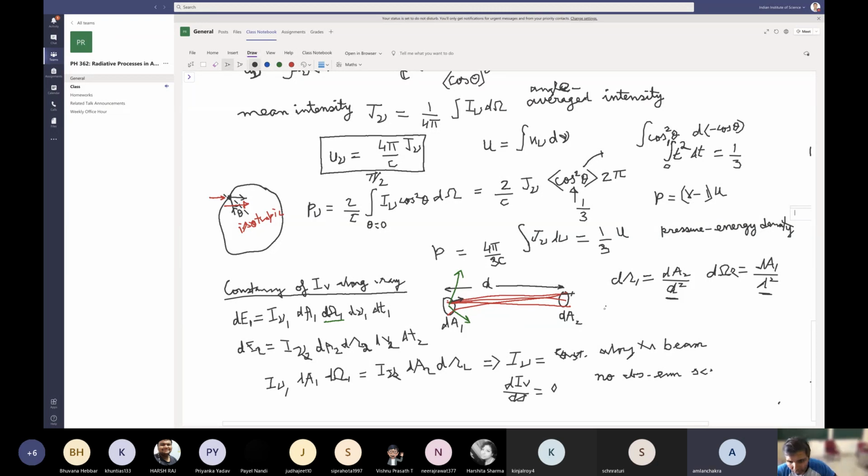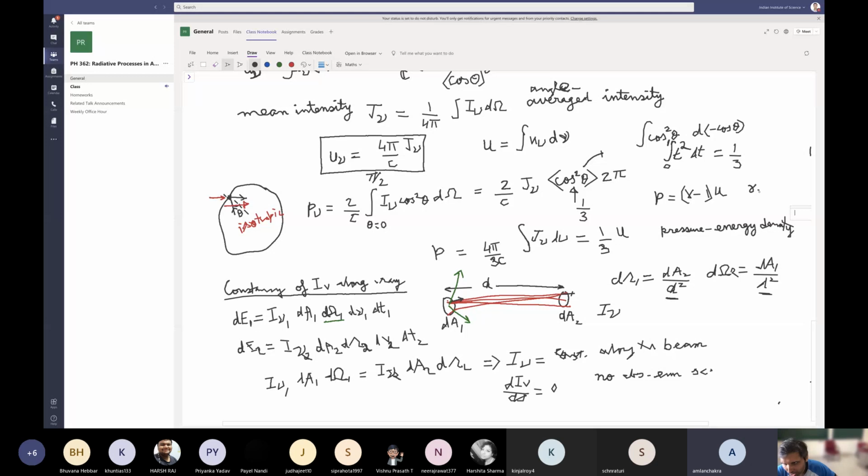Sir, another question. The relation between pressure and energy density that you wrote there: P equals gamma minus 1 multiplied by U. For the photon case, we get gamma as 4/3.